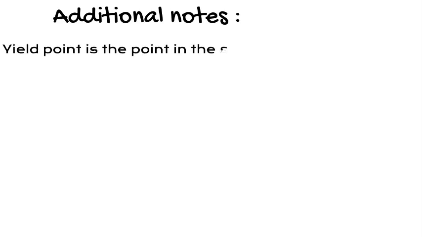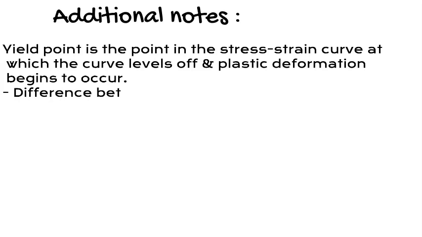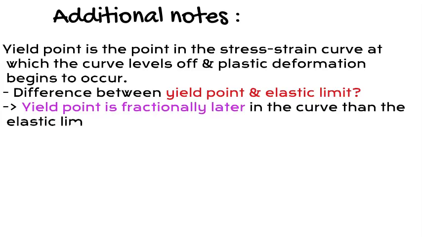Additional notes. Yield point is the point in the stress-strain curve at which the curve levels off and plastic deformation begins to occur. The difference between the yield point and elastic limit: the yield point is fractionally later in the curve than the elastic limit.